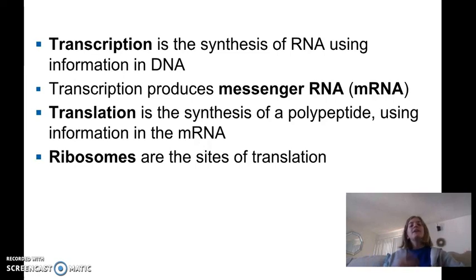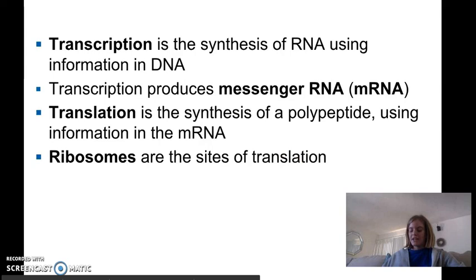So when we're making RNA, we are transcribing the language in DNA to RNA, hence the name transcription. In transcription, DNA serves as the template, and you assemble complementary sequences of RNA. The mRNA is the product of transcription, and it carries the genetic message from the DNA to protein synthesis, known as translation.